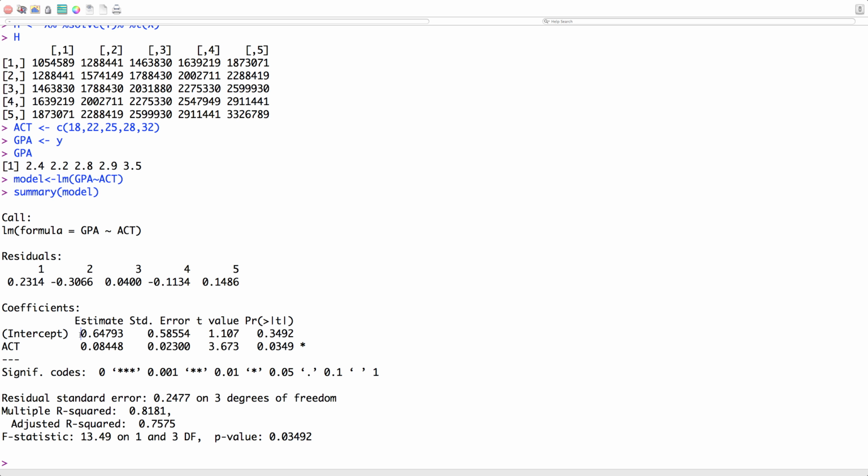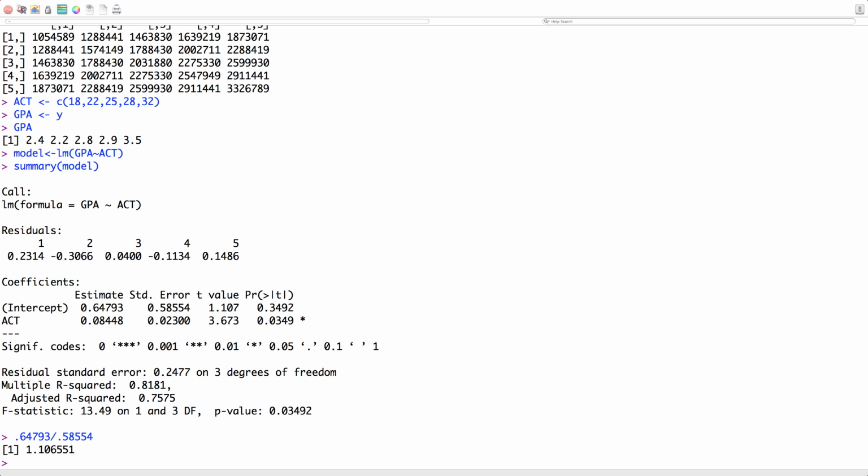Let's just verify that down here: 0.64793 divided by 0.58554 is indeed 1.107.